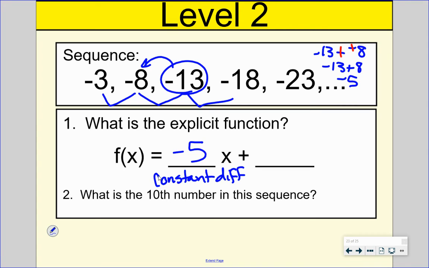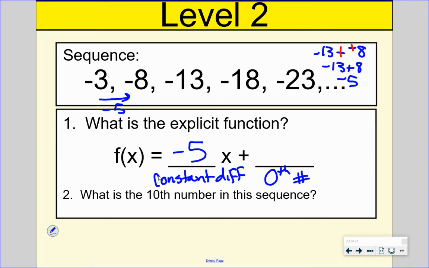Well, now we need what goes in the second blank. You can remember, that is our 0th number. So how do we find our 0th number? Come back up here to our sequence. We know our constant difference, we were subtracting 5 every time to go from each number to the next.